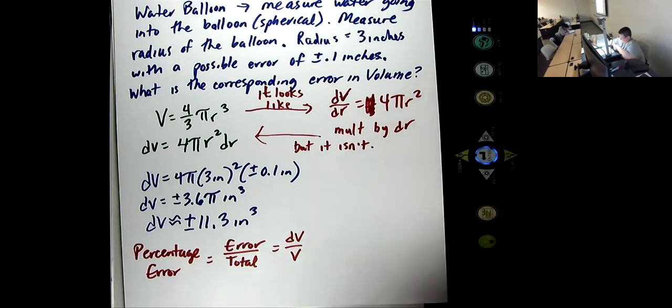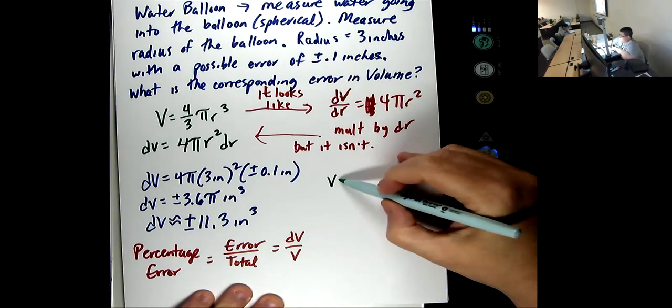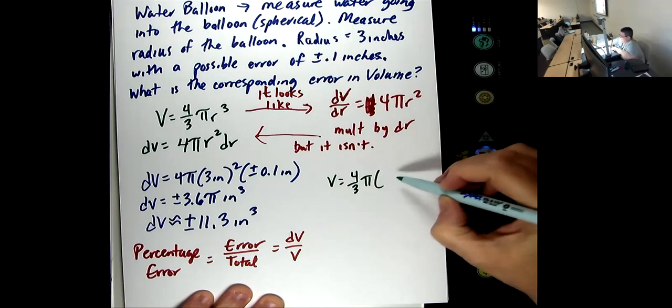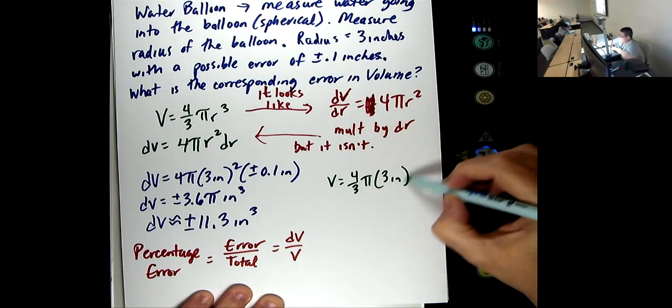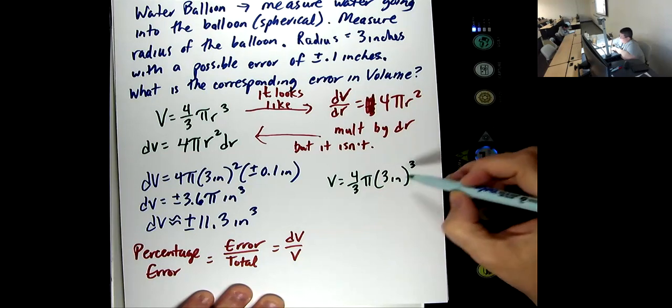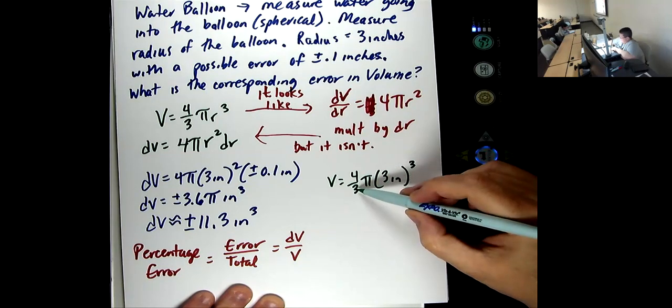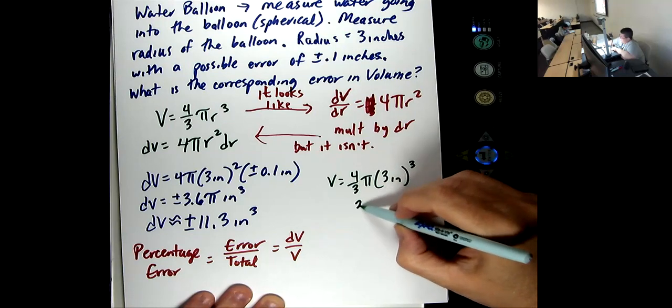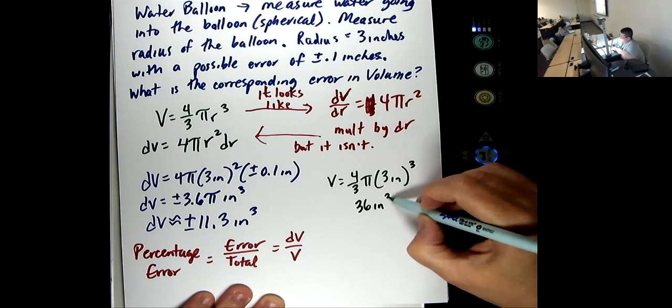We don't know what V is, but we can calculate it. V equals 4/3 pi times 3 inches cubed. One of the threes cancels that. We've got 9 times 4 pi is 36 pi inches cubed.